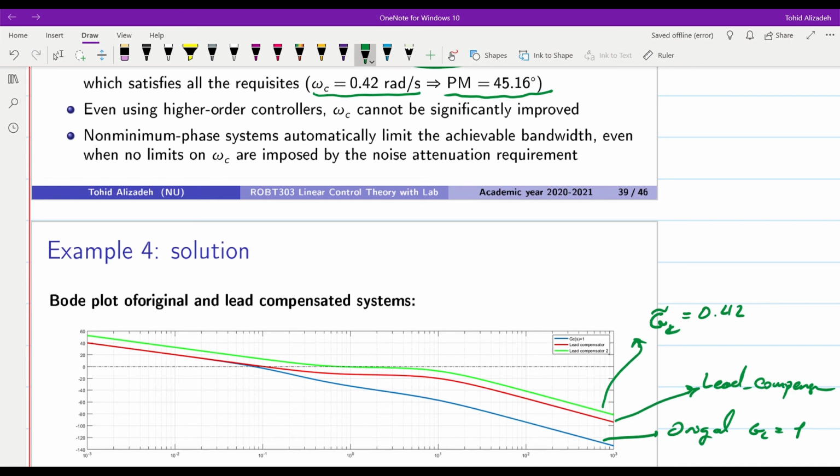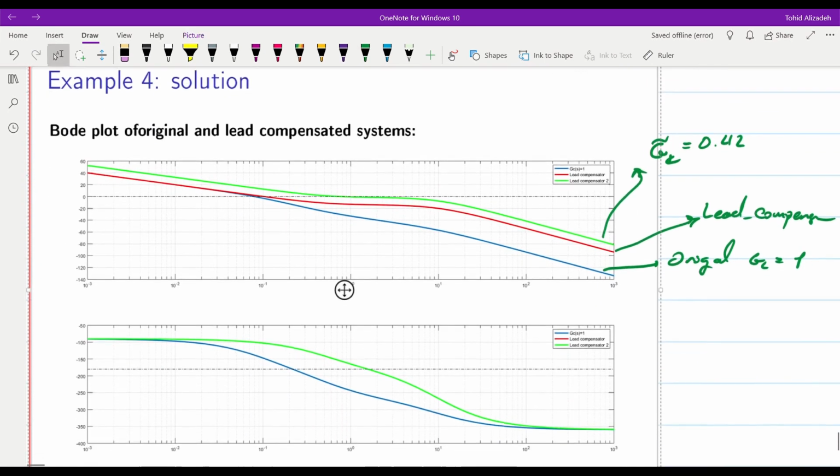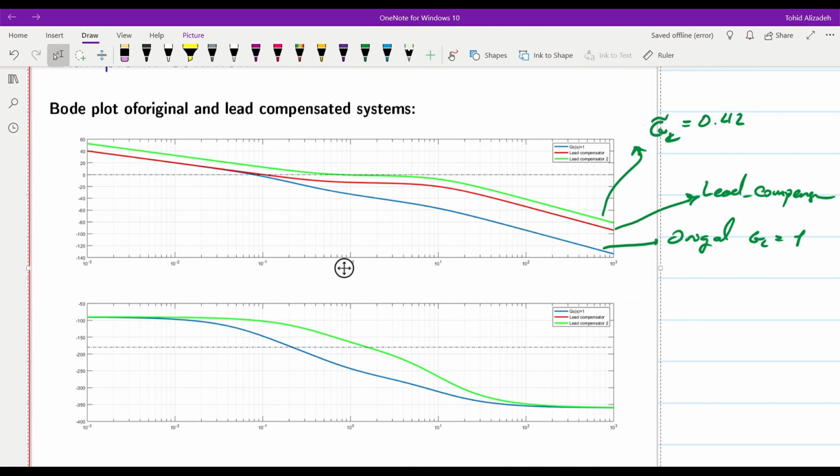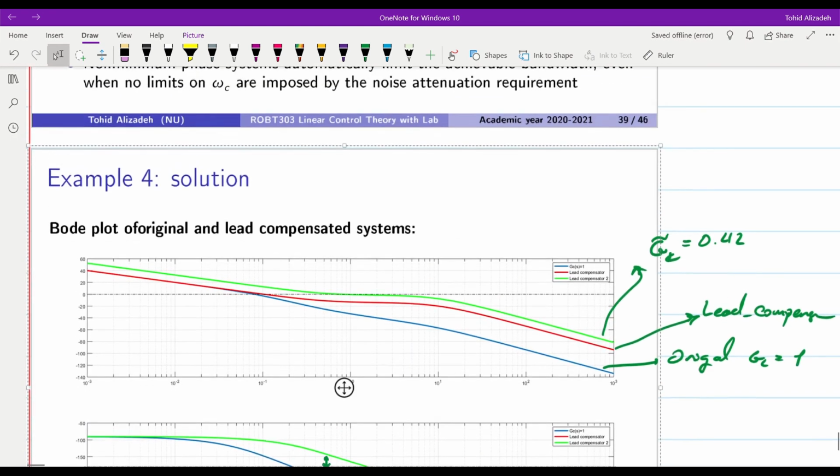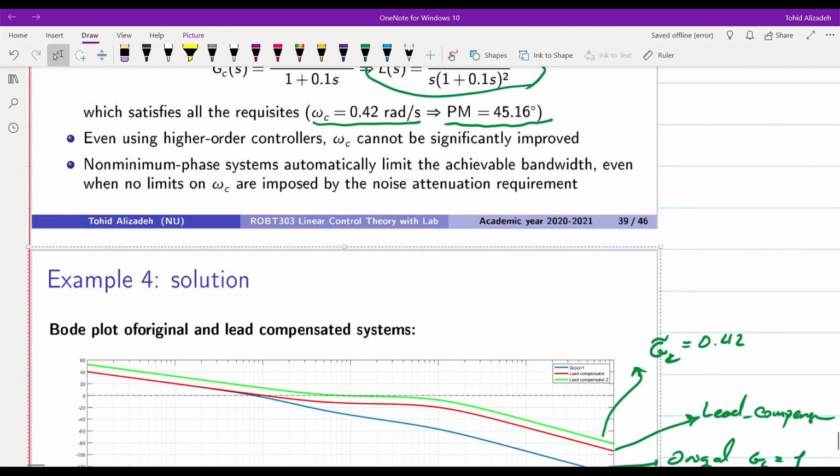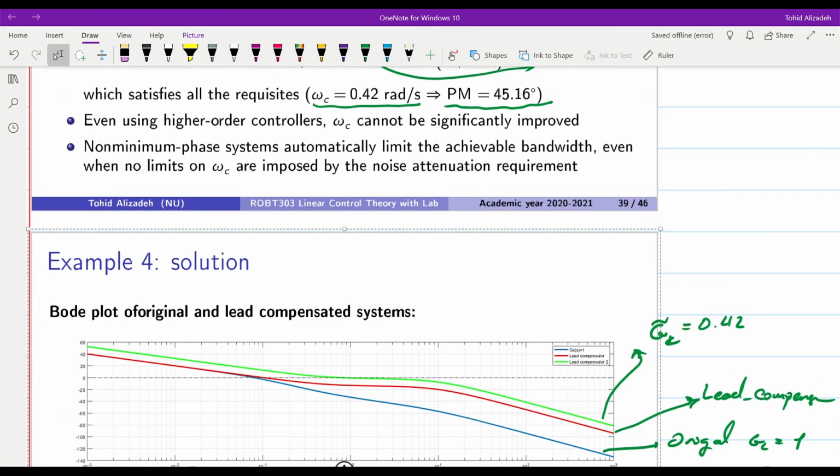Now the crossover frequency is 0.42. The phase margin is 45 degrees for the green one indeed, around here. We have 45.16 degrees.